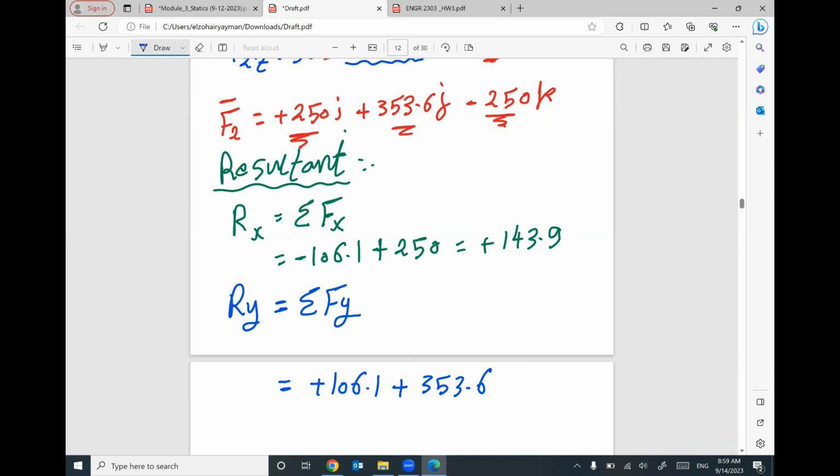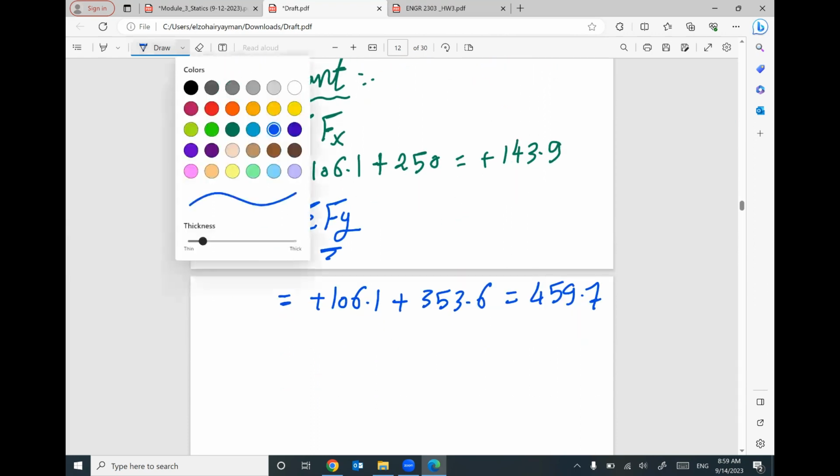If you have more, put all of the Y components together. So the answer will be 106.1 plus 353.6, and the value will be 459.7.